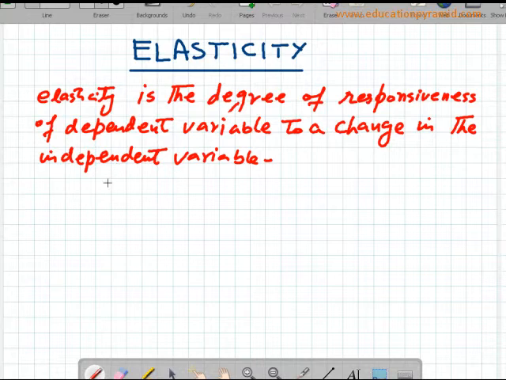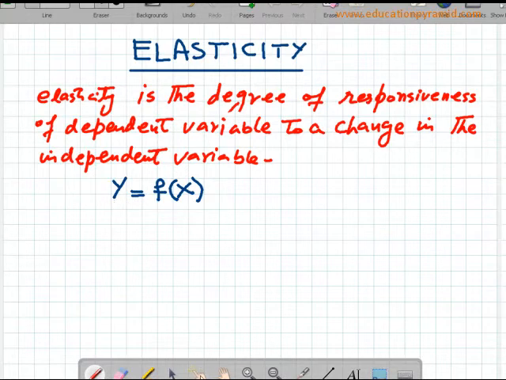Suppose we have a mathematical function y is the function of x. This is the way to write the relationship between two variables. Variables are those magnitudes which vary, which change.